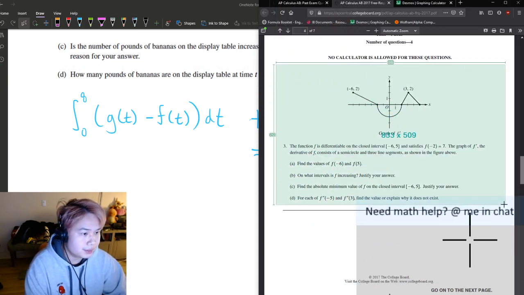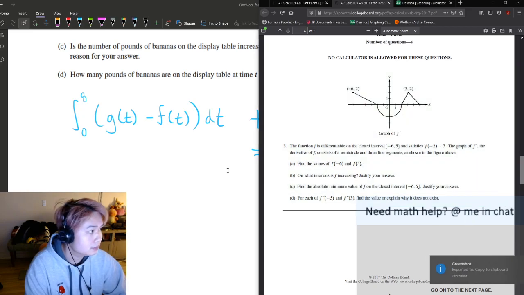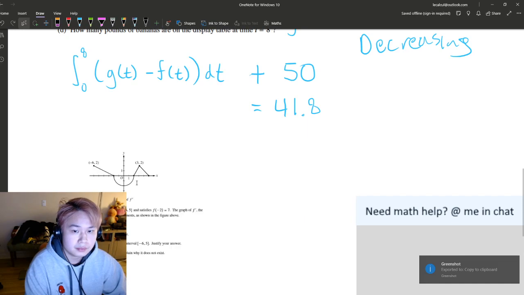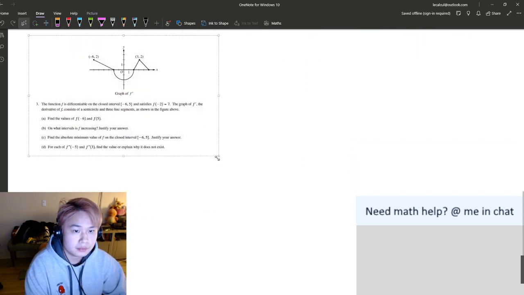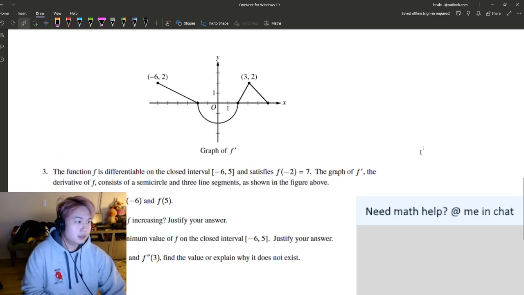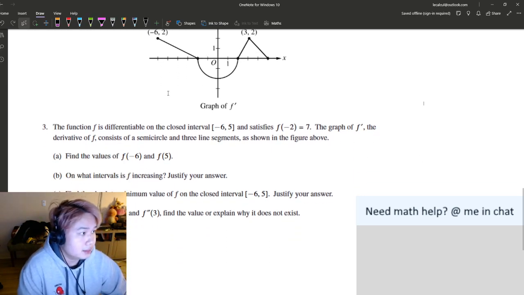So here's number 3. Alright, so let's see. We have a graph of the derivative, and the function f is differentiable from negative 6 to 5.